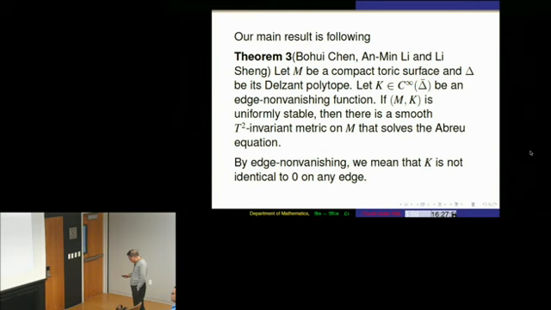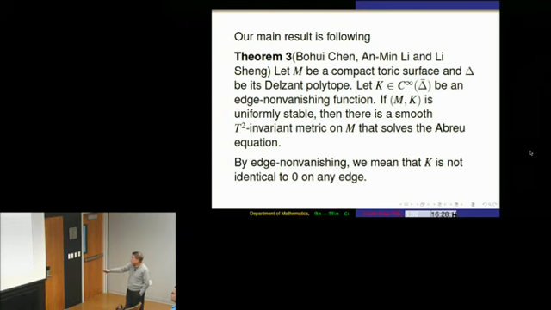Now we talk about our main result. Our result is only for 2 dimensions. Let M be a compact toric surface, and delta be its Delzant polytope. Let K be an edge non-vanishing function.